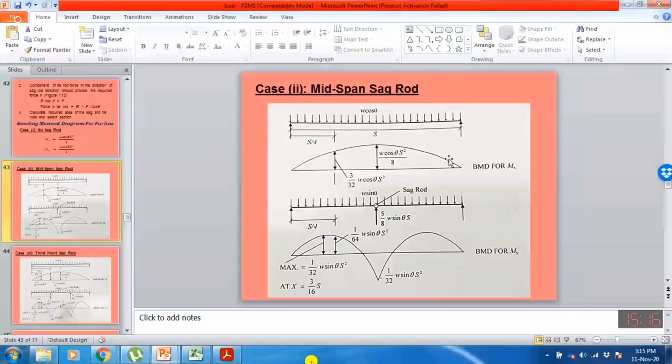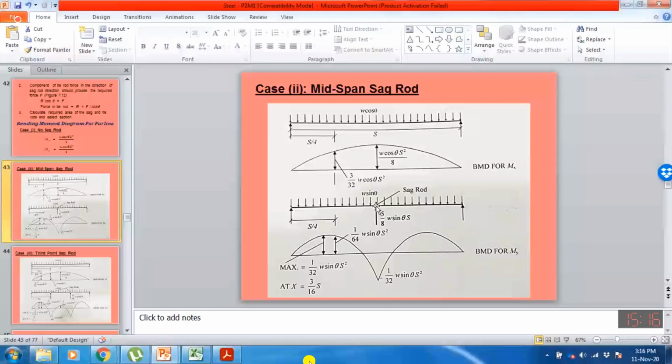this is the bending moment diagram for mx and this is the bending moment diagram for my. So the maximum bending moment will be equal to omega cos theta into s square by 8. So mx can be computed by this relationship. And about the y-axis, this is the sag rod which is used in the lateral direction. We are assuming that in the lateral direction, our purlin is a continuous beam having two spans.